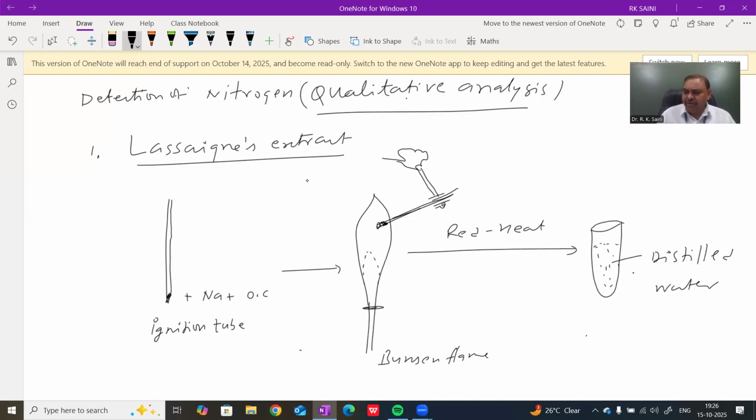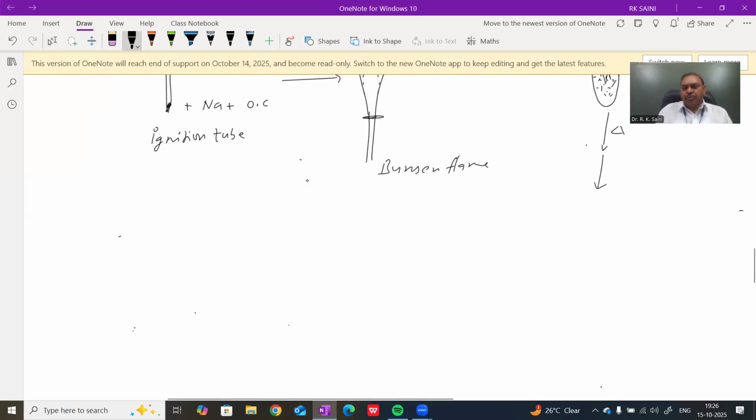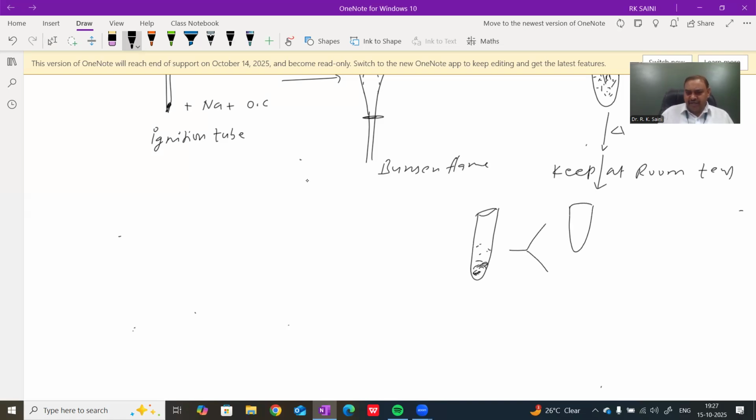For example, tap water contains chloride, fluoride, nitrate, sulfate, etc. After putting the ignition tube in distilled water, it breaks down, and on further heating and then cooling to room temperature, the residue settles down and the filtrate is taken in another test tube.